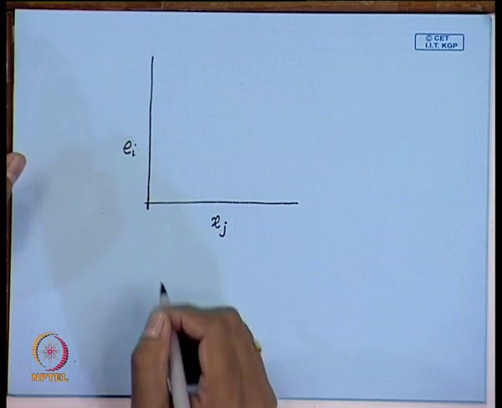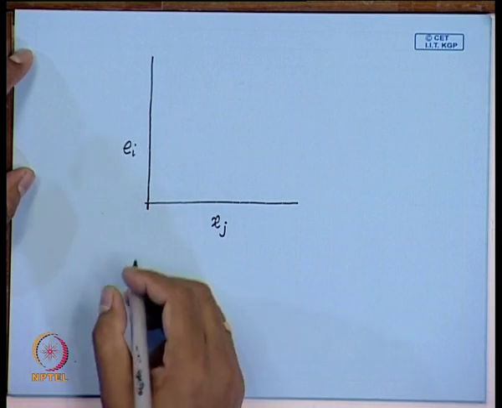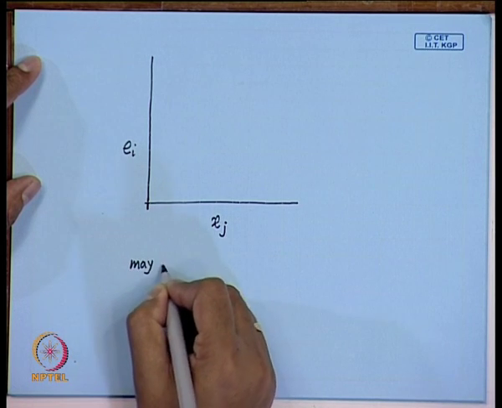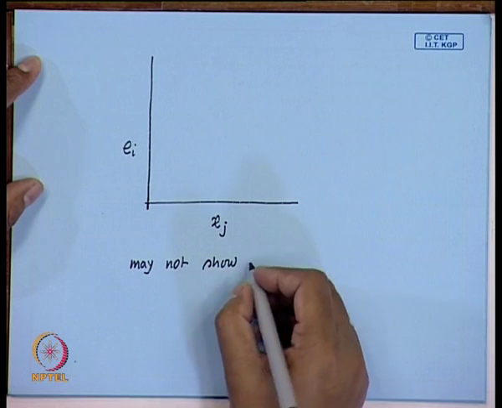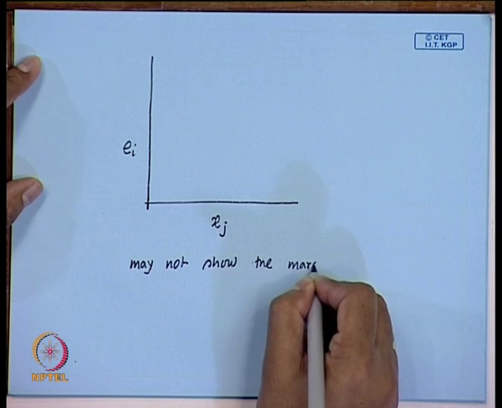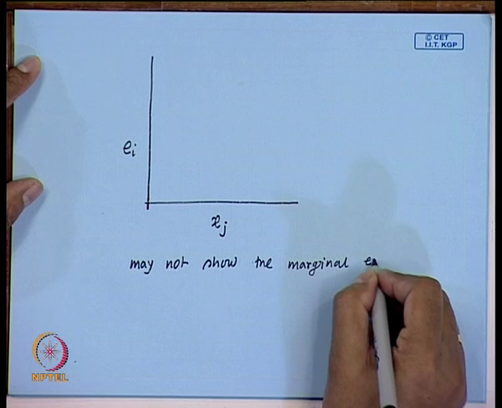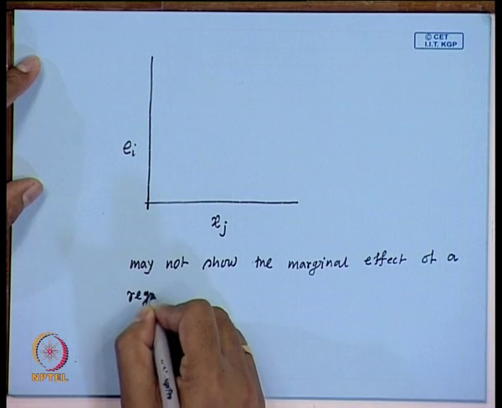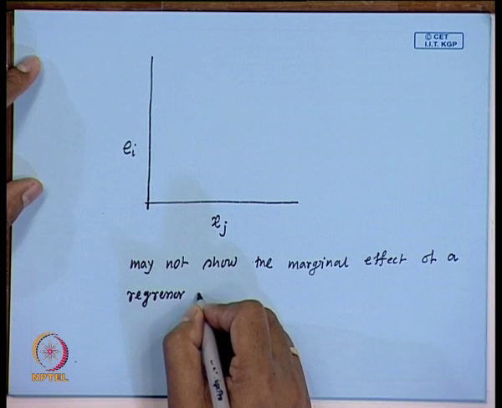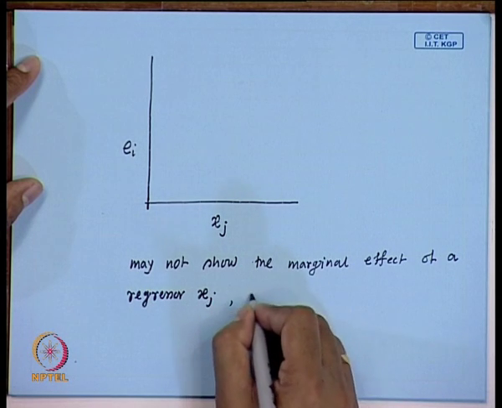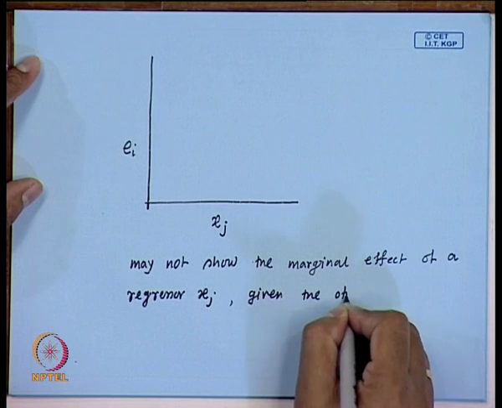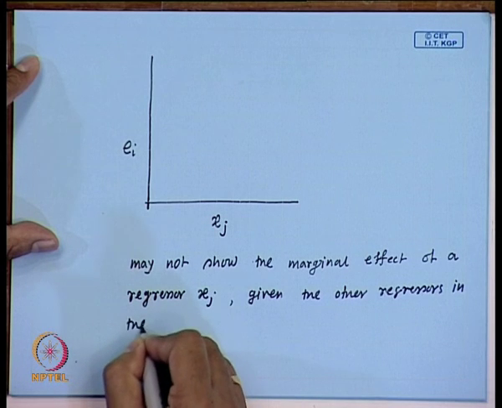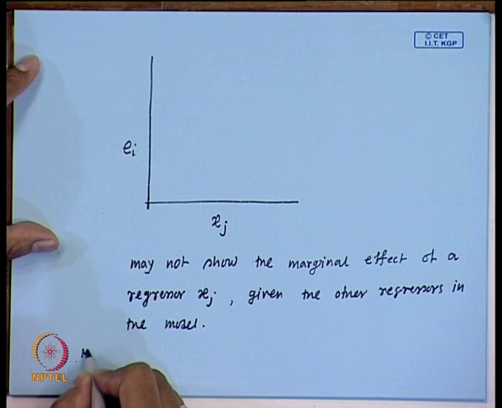You need to understand this part: this plot may not show the marginal effect of a regressor xj given the other regressors in the model. See, we are talking about multiple linear regression.